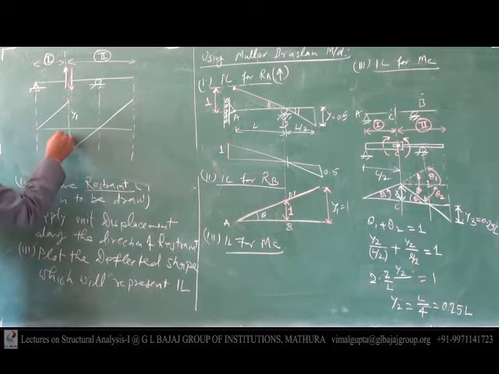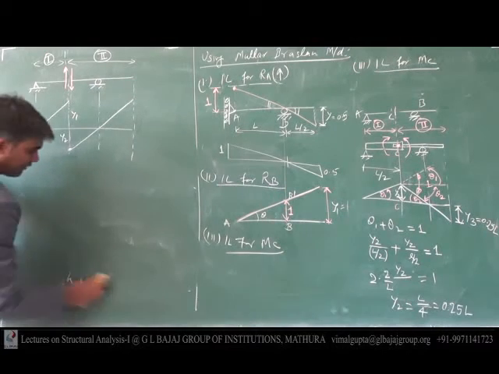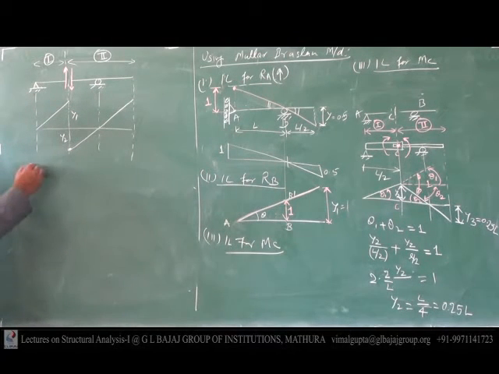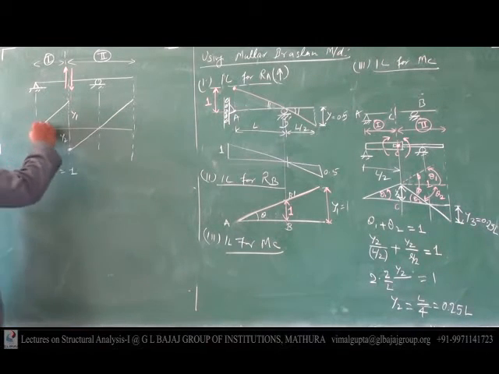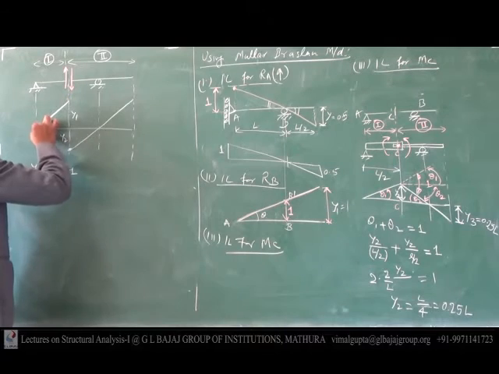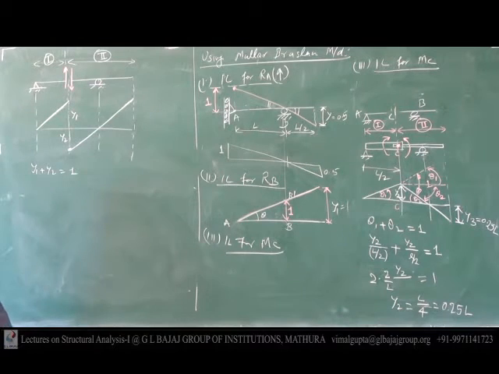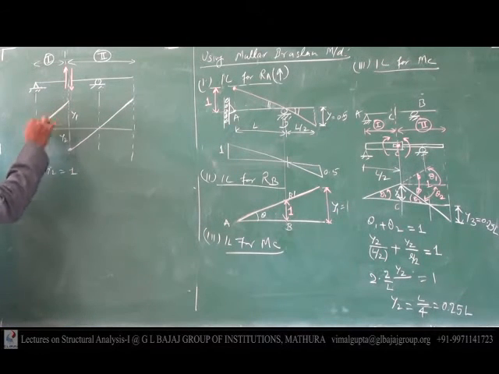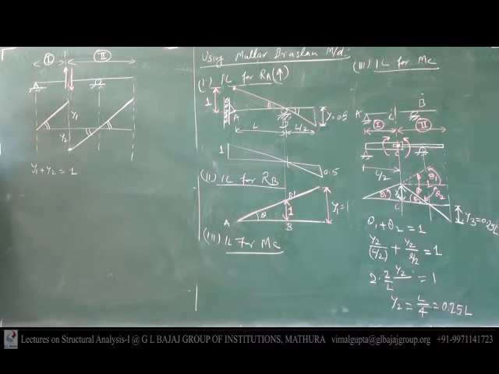Suppose it is y1, if it is y2, then summation of y1 plus y2 will be what? Yes. And one more thing is here. This line and that one line will be parallel to each other, and it will be possible only and only when this angle and this angle all have the same value. Clear to everybody?